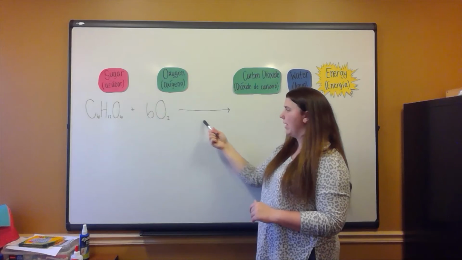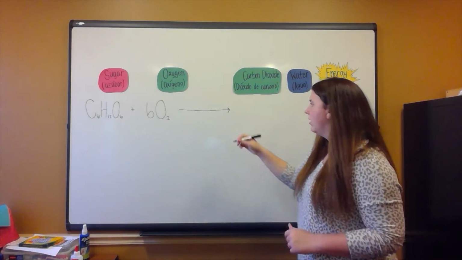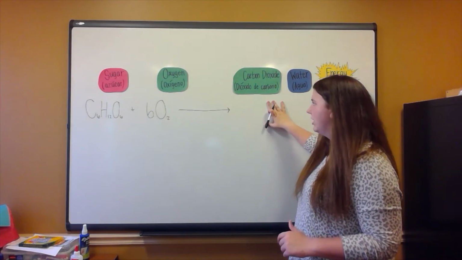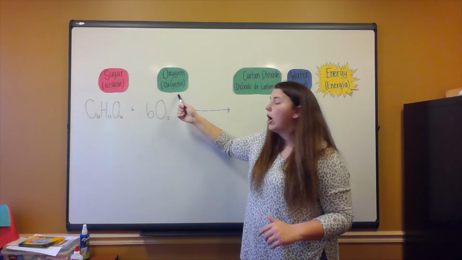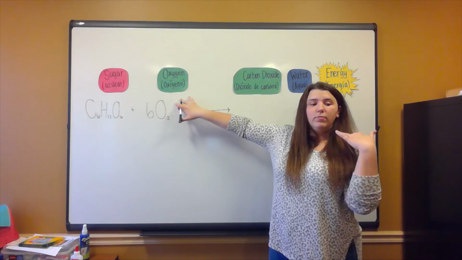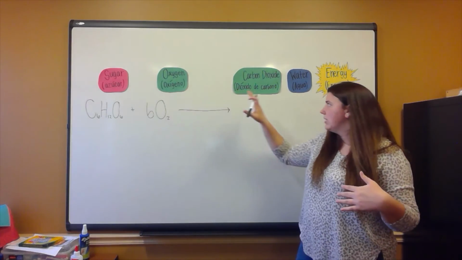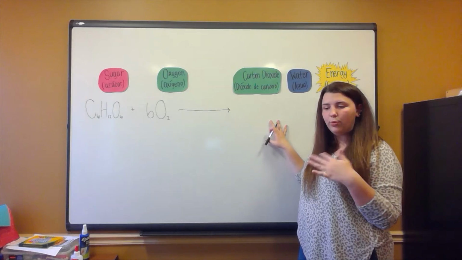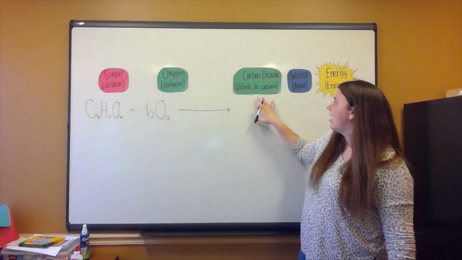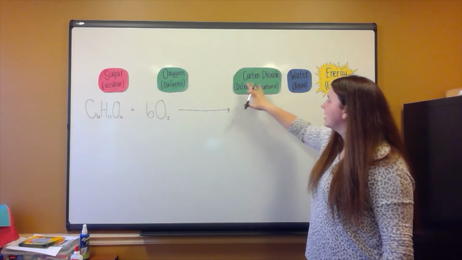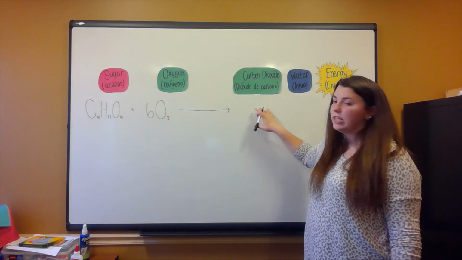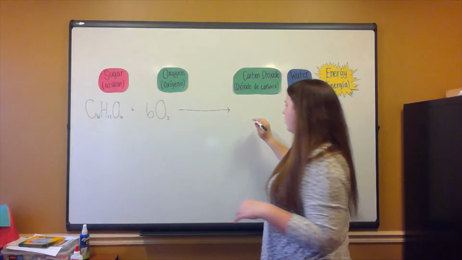So we're going to draw our big long arrow. And the things that we make in cellular respiration. So if oxygen, oxígeno, is the thing that goes in when we breathe, what is the thing that comes out? Yes, perfect, carbon dioxide. So carbon dioxide, or dióxido de carbono, that is the first thing that we make in cellular respiration.